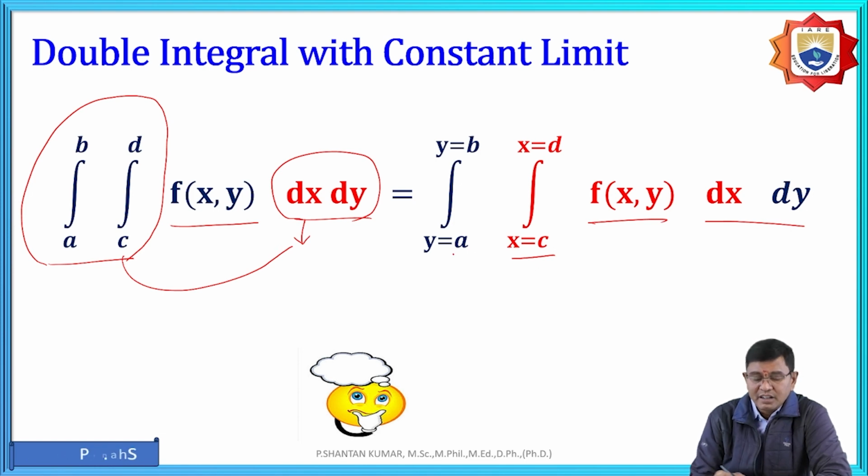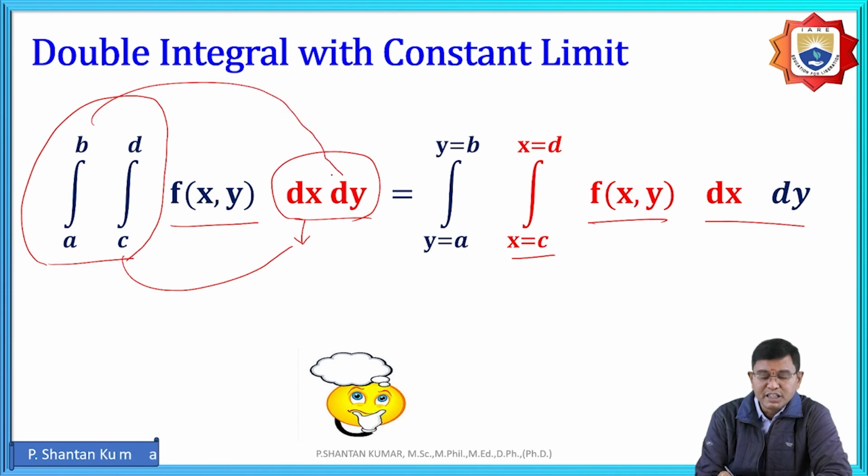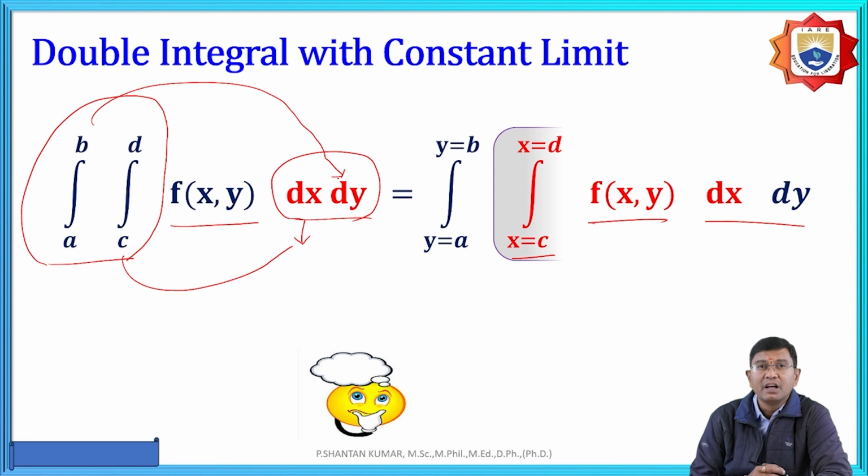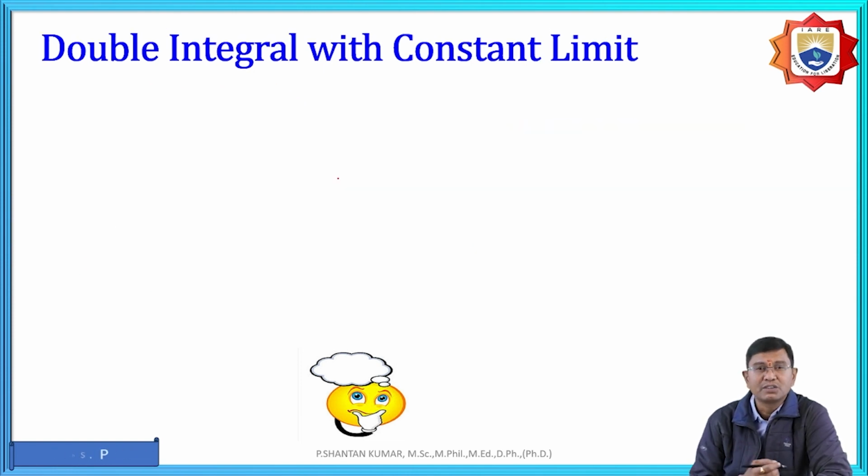And again after calculating the dx, we need to find out dy. That is the meaning here: if it is not given particularly, we need to assume based upon the condition. If the limits are constants, the inner is x, and the outer is y, depending upon the given function. And again, x is equal to c to d, and after calculating, you find the solutions.